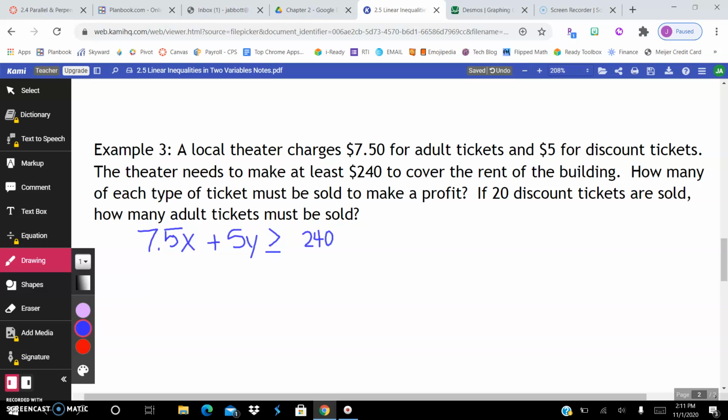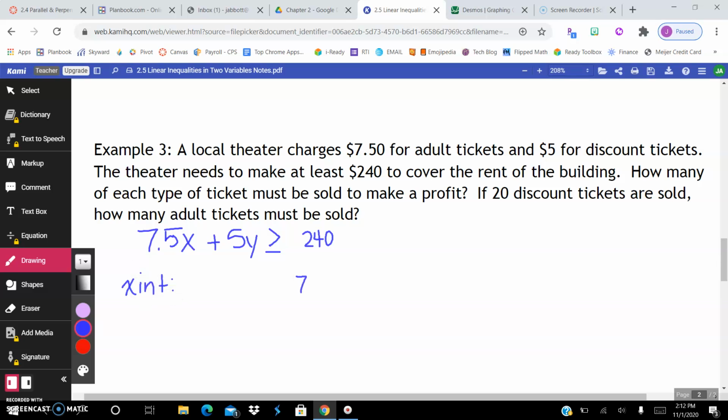To get our line, we can do one of two things. We can solve this equation for y, which, looking at the numbers, we're probably going to have quite a bit of decimals and that kind of thing. So that might not be our best bet here. We might want to try to find the intercepts, which is simply just plugging in a 0. So if I want the x-intercept, I'm going to plug a 0 in for the y.